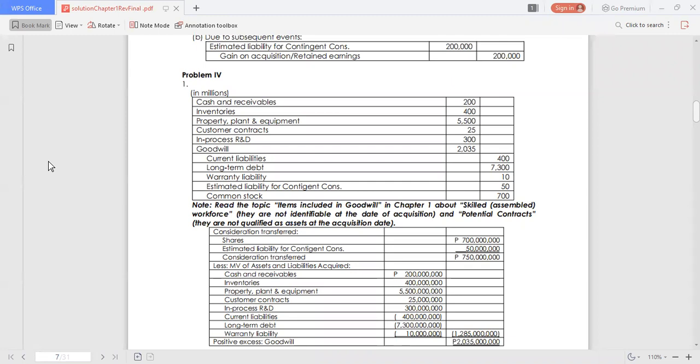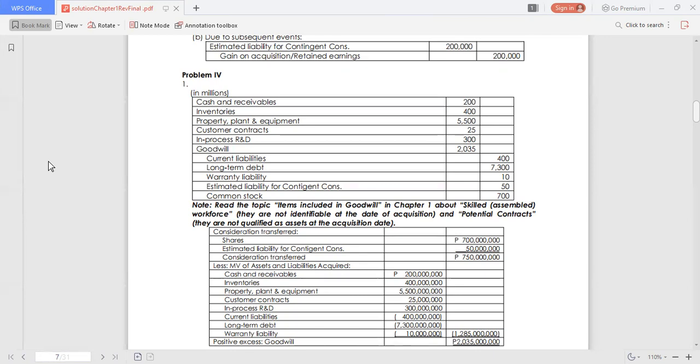Then we credit warranty liability by 10,000, that's for the future warranty liabilities, and estimated liability for contingent consideration given at 50 million, that's on the last sentence, and the common stock is 700 million given January 2, 20x5.